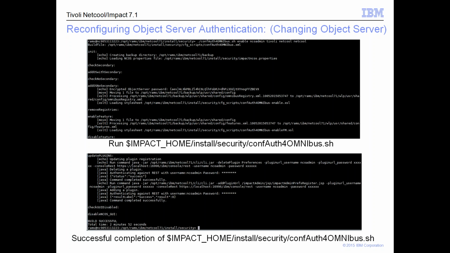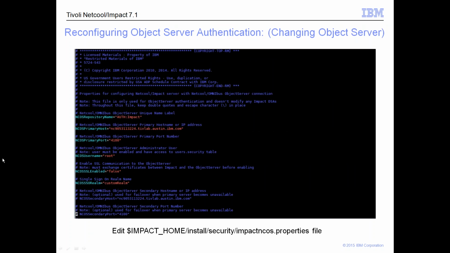Can you use a different Omnibus user besides the root user during the configuration? Yeah, okay, so that's back here. So this user here, it doesn't have to be root. The important thing, like it says just above there, is that whatever user you use for Omnibus has to have access and be able to change and edit the users.security table on the object server.